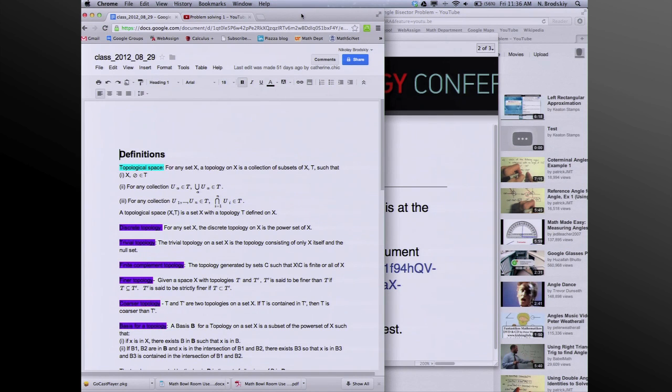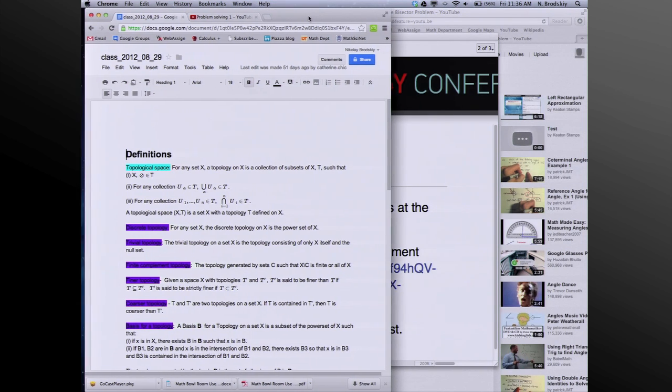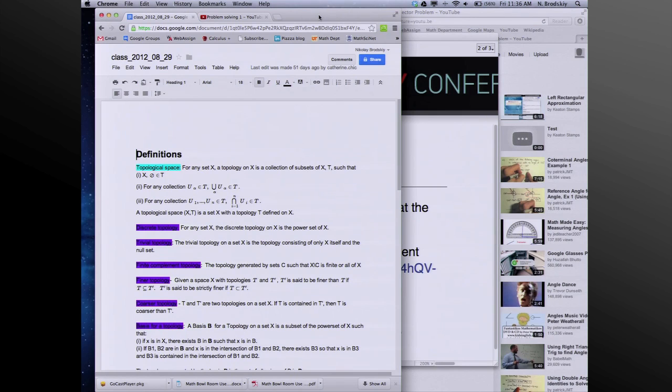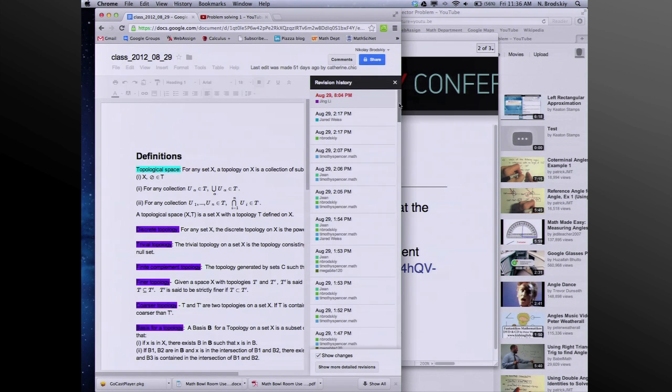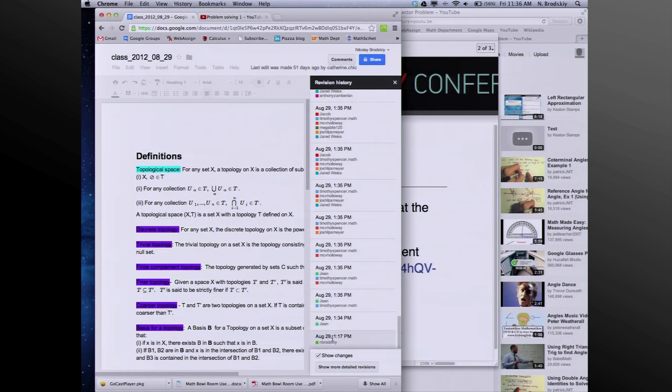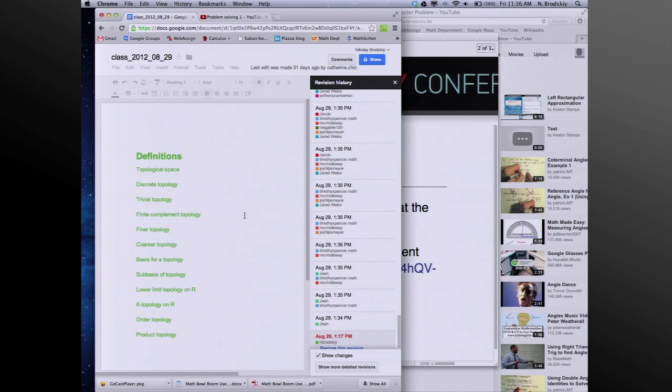This is an example I did a few weeks ago in my graduate level class. What I did was I made a document, and let me show you the beginning of this document. So that's what Google allows you. It allows you to go backward in the history and show all the revisions. So I shared a document with all the students in the classroom, and the classroom was a computer classroom.